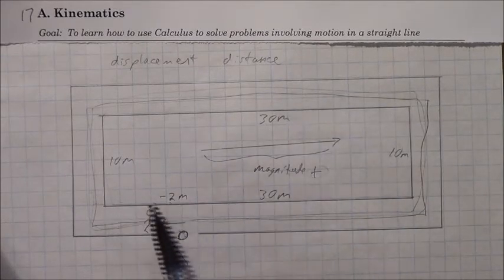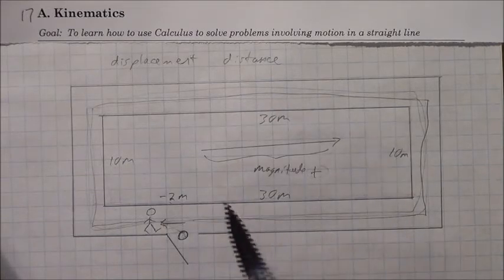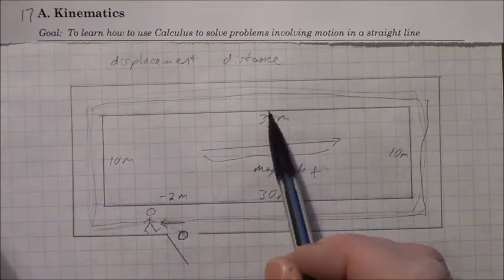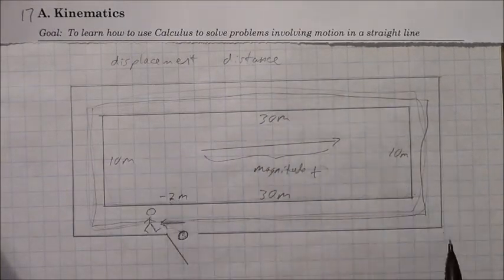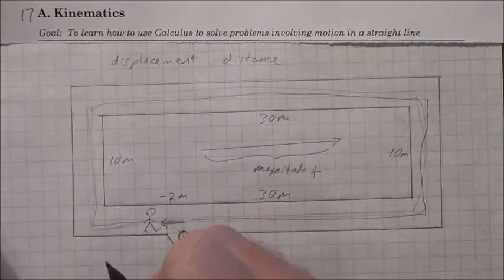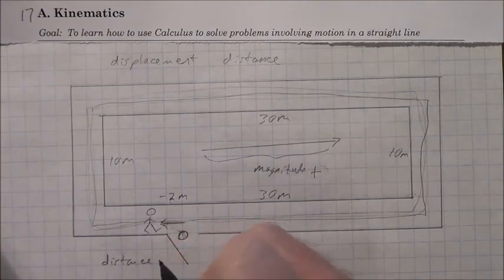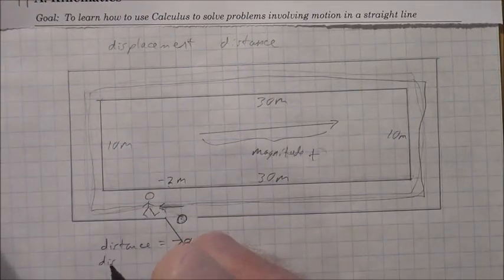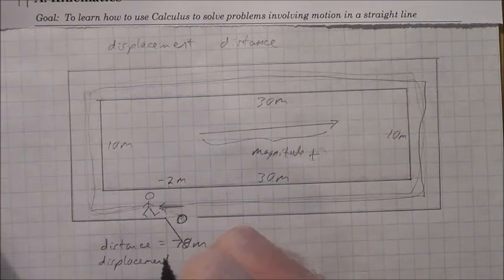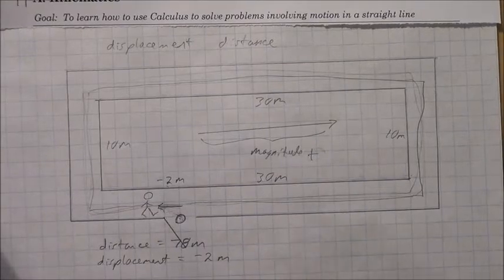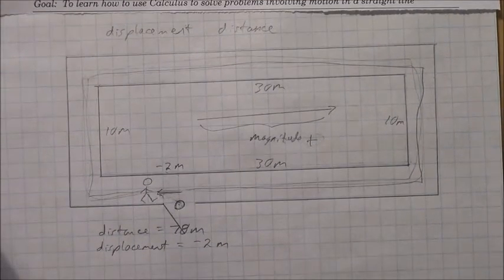So in total along this hallway, they would have walked 28 meters, because they're 2 meters away from this point of origin. So there's 28 meters, plus this 30, plus the other 10 and 10. That would be 48, 78 meters. So the distance walked would be 78 meters. The displacement that this person is from that point of origin would be negative 2 meters.